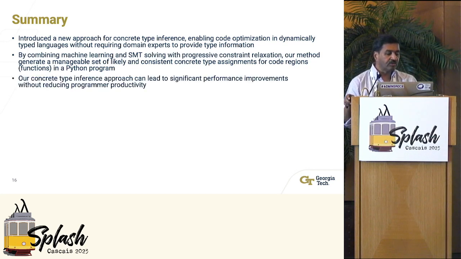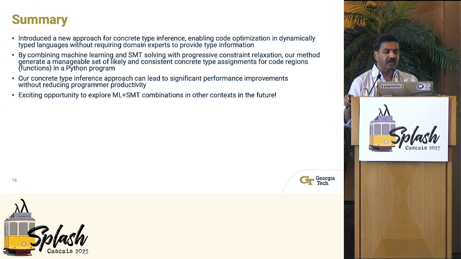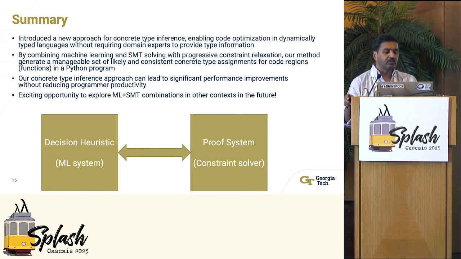And we've shown significant performance improvements by using these types. And in fact, looking ahead, we think there's an exciting opportunity to explore these combinations of machine learning and SMT. And certainly that's what we plan to do more of at Georgia Tech.